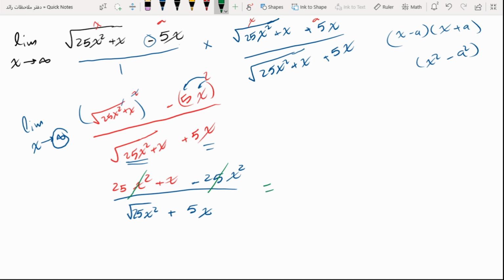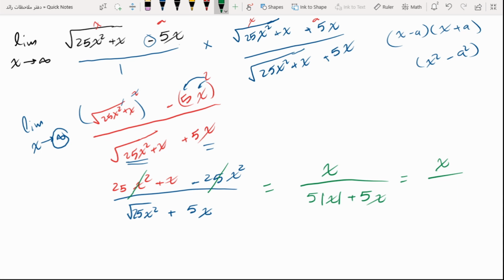So I have x up, and down I have 5 absolute value of x plus 5x. Be careful, if x approaches infinity, then this will be 0. Why? Because negative infinity, sorry, it will be negative 5. Be careful for that.